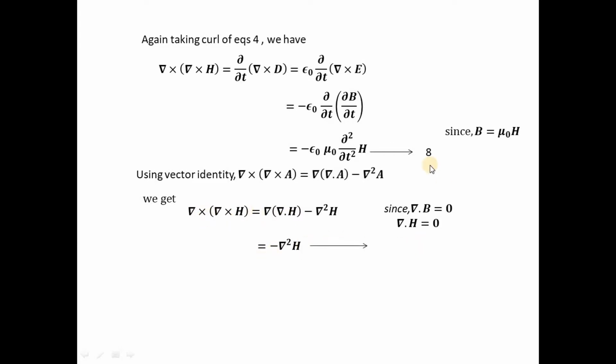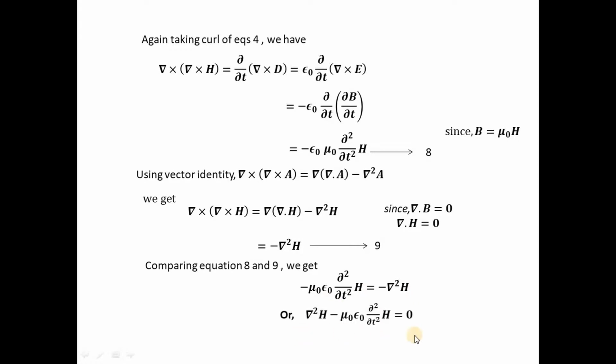And let this be the equation number 9. Comparing equation 8 and 9, we will be getting this is equal to this, and this can be further written as this, that is del square H, or magnetic field intensity, minus mu naught epsilon naught second order partial derivative of the magnetic field intensity H with respect to the time t is equal to 0. And let this be the equation number 10.